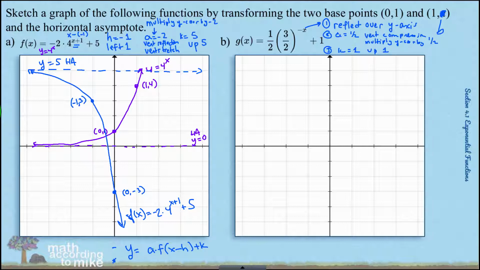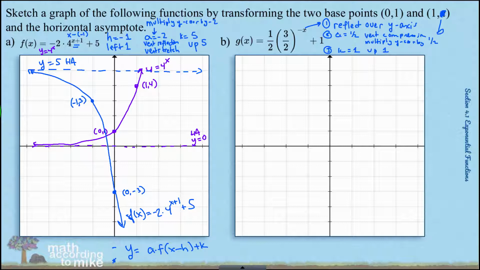If you would, please attempt to, well, I mean, you can do this part very easily. Pause the video and then attempt to graph the function. The first time I'm going to sketch what the base graph looks like, and the next time I'm going to do the whole thing. Make our lives a little bit easier.